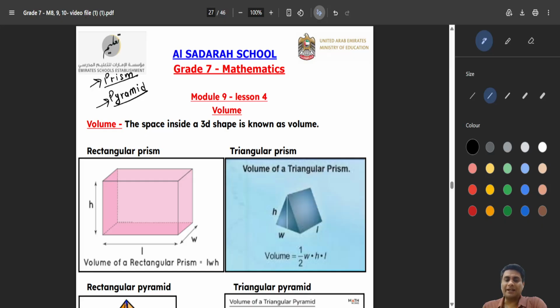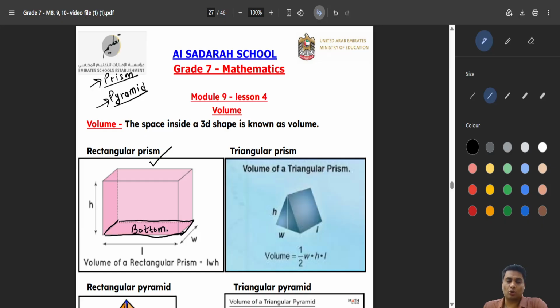Prism means any two opposite faces should have the same shape and size. For example, check this shape. Check the bottom. What is the shape of the bottom? Rectangle. See here. The shape of the bottom is rectangle. What is the opposite of bottom?